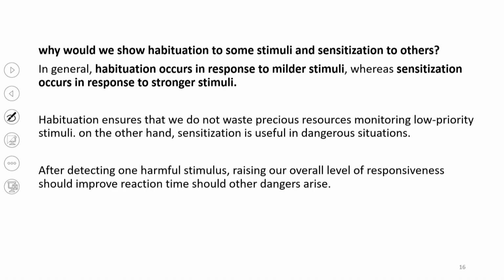Now, why do we show sometimes habituation and sometimes sensitization? What is the requirement, the precondition for this? When does habituation happen and when does sensitization happen? In general, habituation occurs in response to milder stimuli and sensitization occurs in response to stronger stimuli.